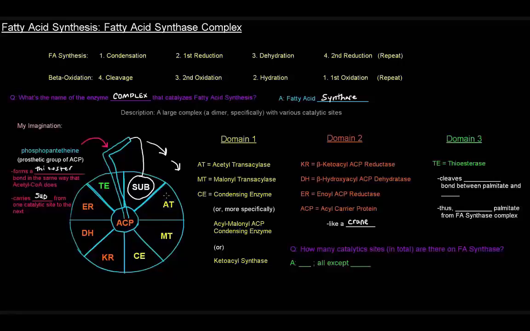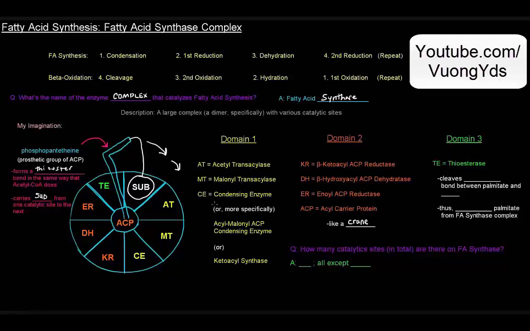So just to give you a quick heads up, acetyltransacylase and malonyl transacylase basically attach the acetyl group and the malonyl group to the ACP's prosthetic group. Then instead of being called acetyl-CoA and malonyl-CoA, they'll be called acetyl-ACP and malonyl-ACP because they're attached to the ACP.